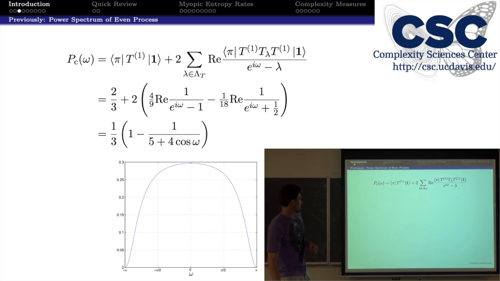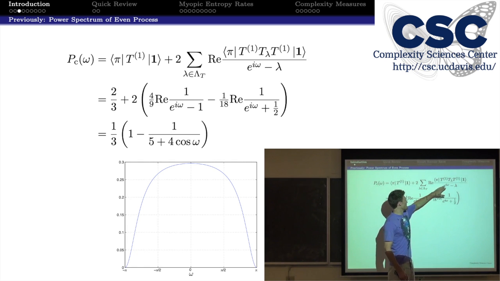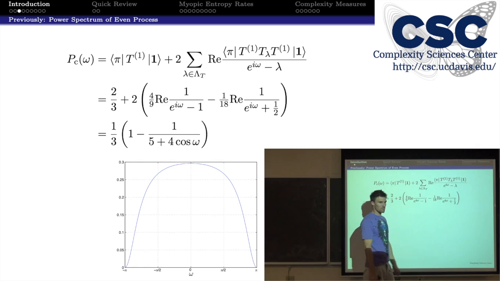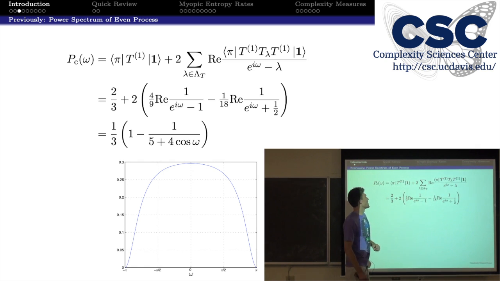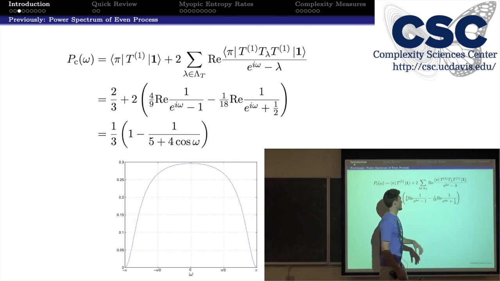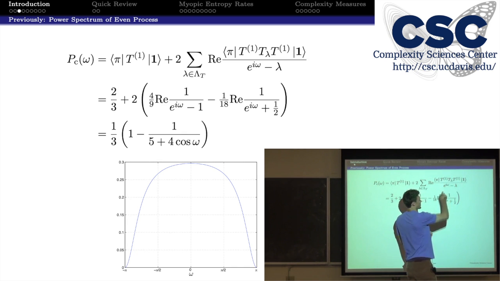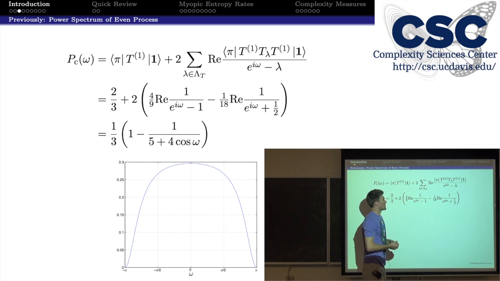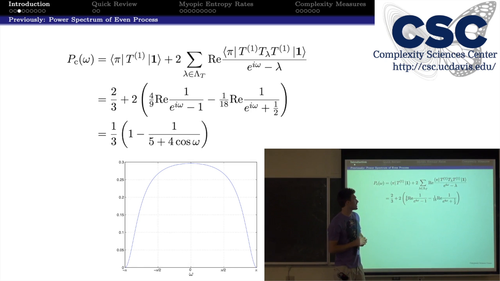For example, the power spectrum for the even process is just something about these projection operators for the transition matrix of the even process, with some interesting dividing by eigenvalues. But everything that you really need for most of the questions is contained in little scalar packets, usually questions that come down to throwing a bra and a ket onto the projection operators with maybe some other stuff.